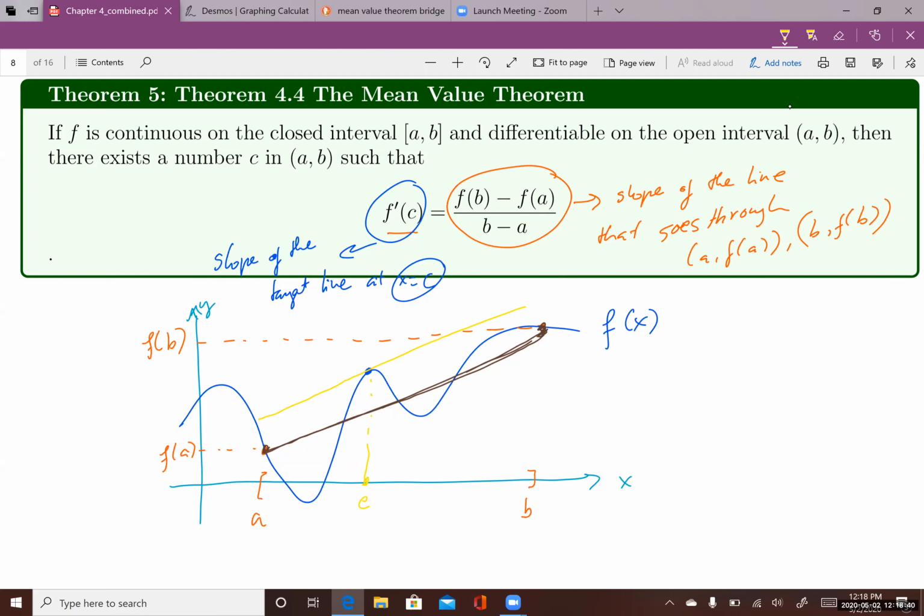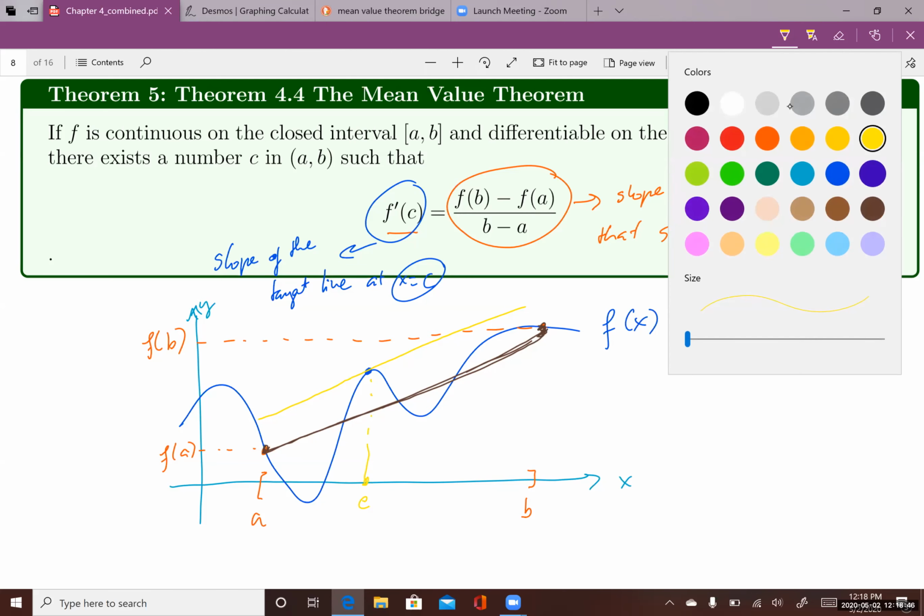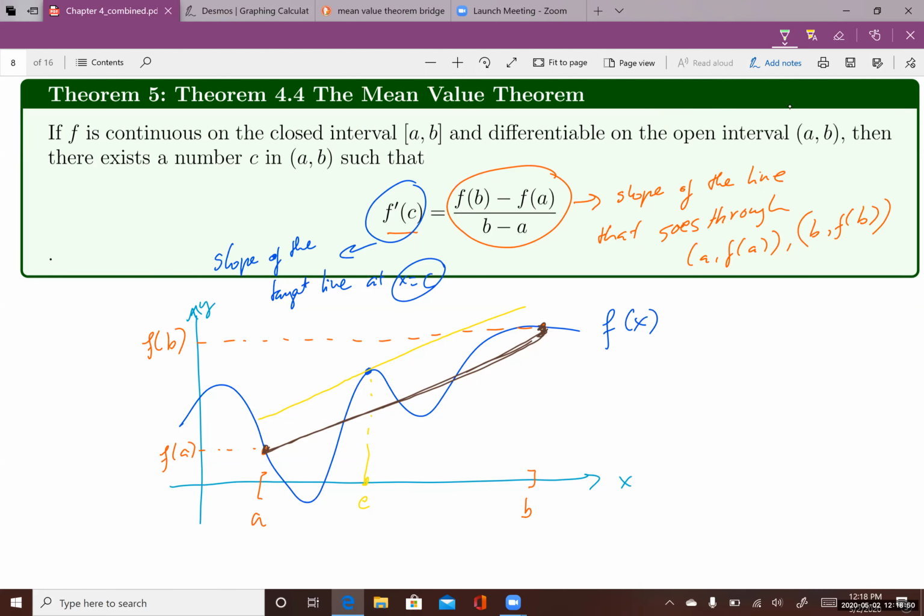However, you can have more than 1 point. Let's see if we have another point here. I just need a ruler here, and then I go parallel. Maybe this point, or maybe this point.